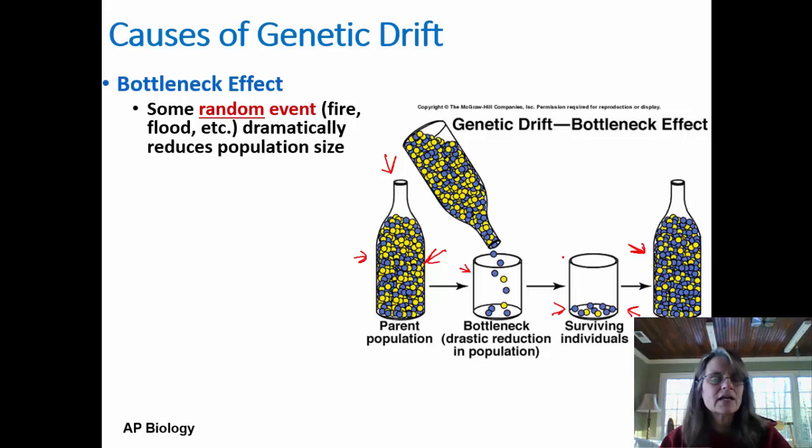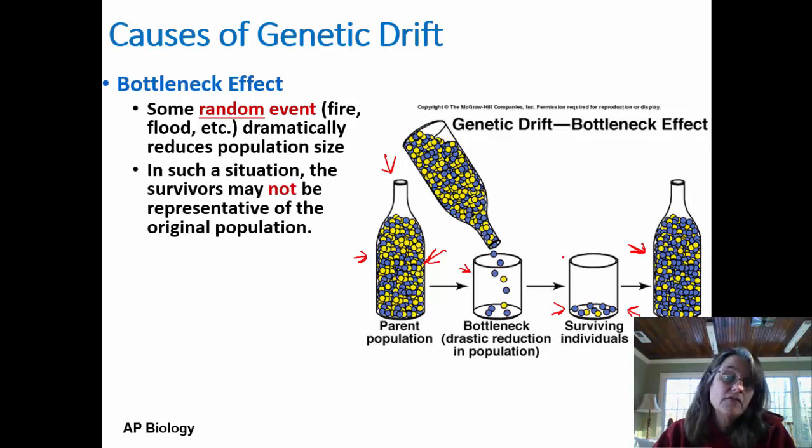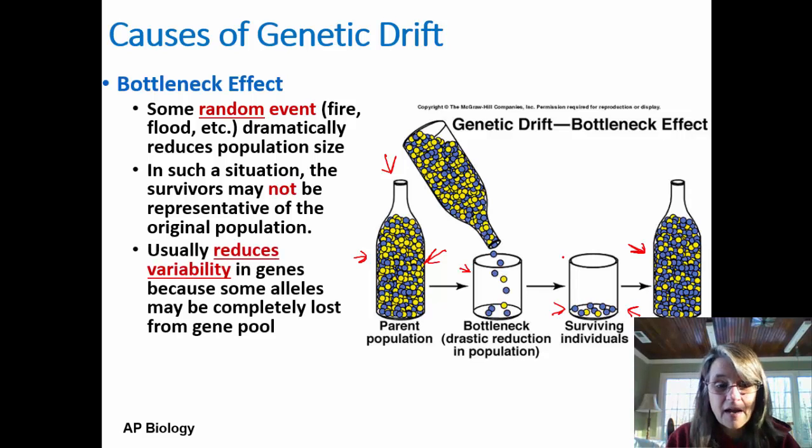So some random event, a fire, a flood, a tornado, whatever, dramatically cuts down the population size, and it does it fairly indiscriminately. It just wipes out whoever's there. In such a situation, the survivors of that event may not be representative of the original population. Usually what happens is variability in the genes is reduced, because some alleles might be completely wiped out from the gene pool.